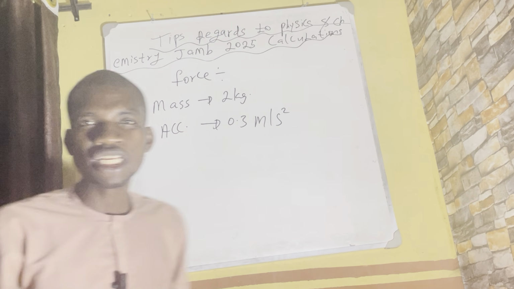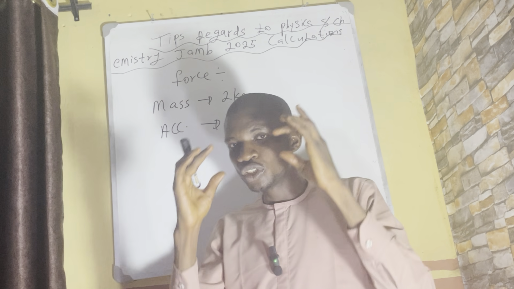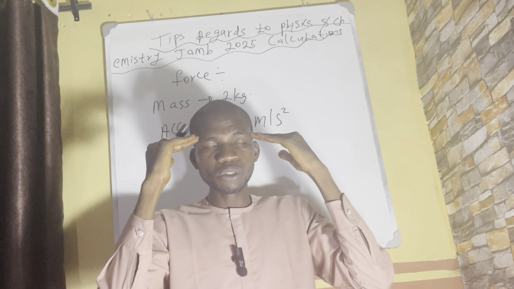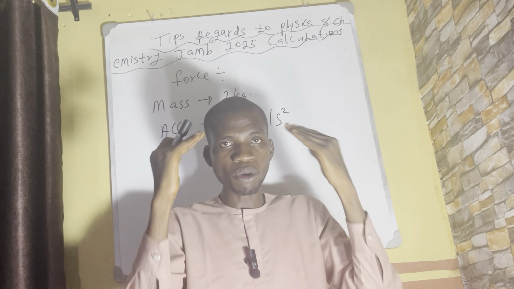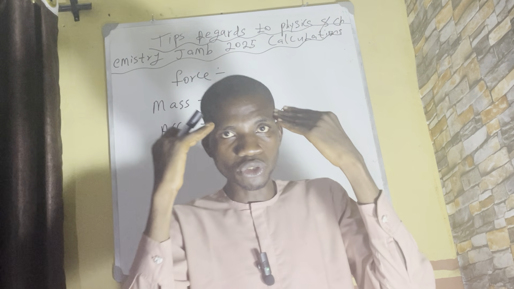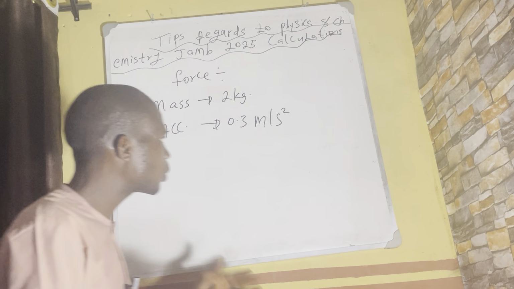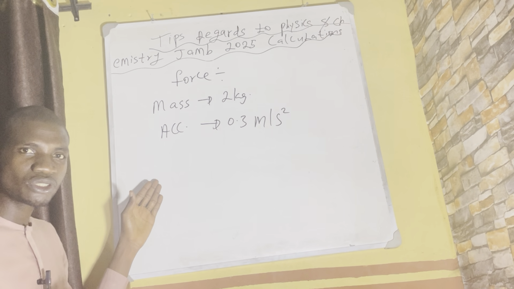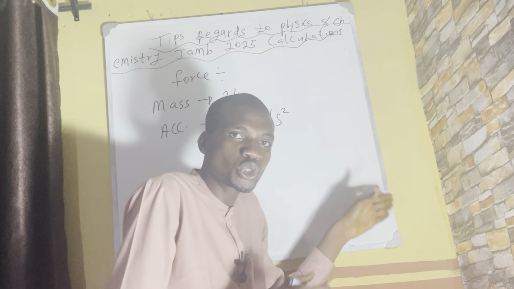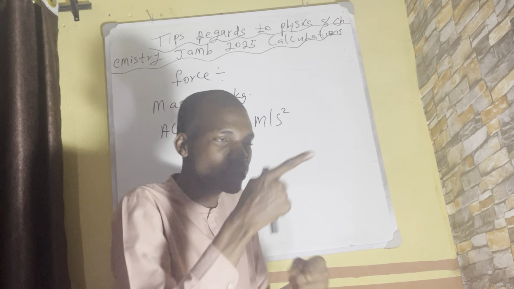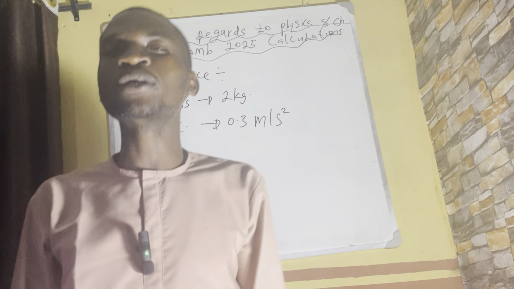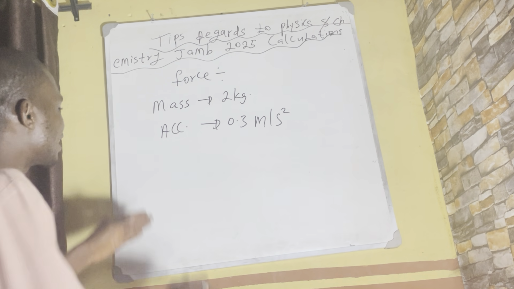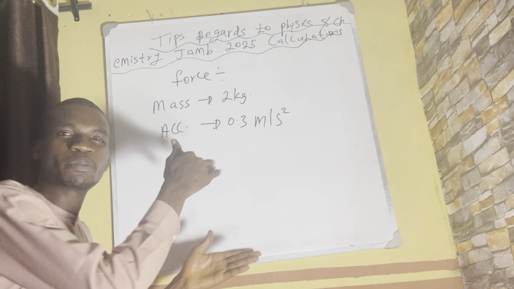The question will help you to know the formula you're going to apply or what you're going to do to solve it. Somebody is telling you in this question, two bodies of mass, not one but two, that is A and B. It means you are multiplying two things.